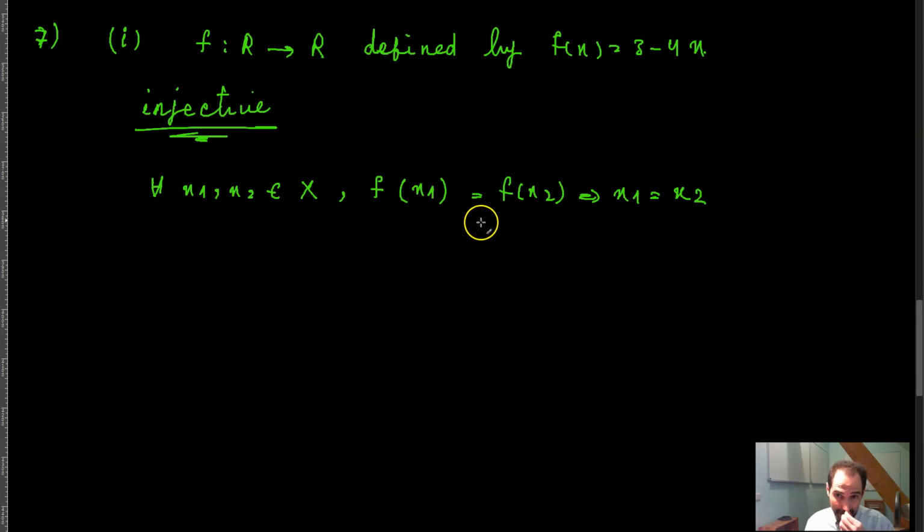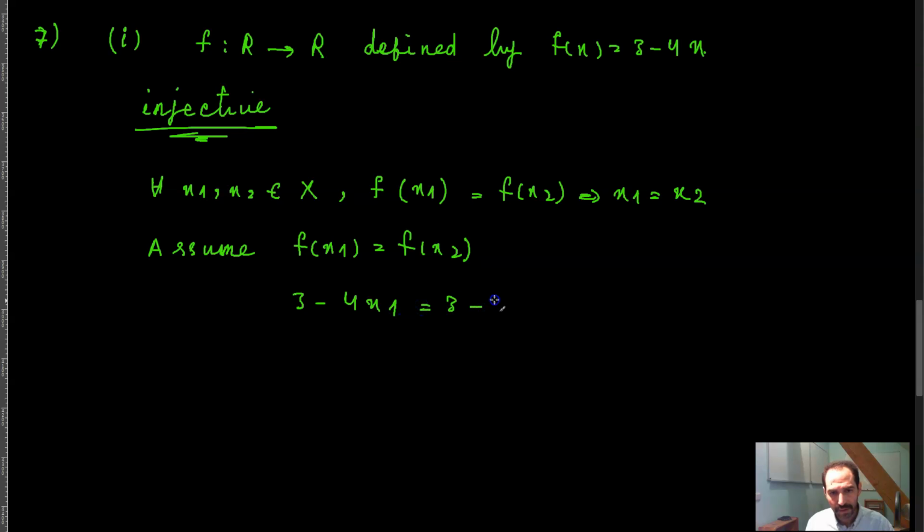Now if I assume that f of x1 is equal to f of x2, then based on the rule of the function, I have 3 minus 4x1 is equal to 3 minus 4x2. Then you can simplify from the two sides of the equation, divide both sides by -4, which gives me x1 is equal to x2, and therefore f is injective.